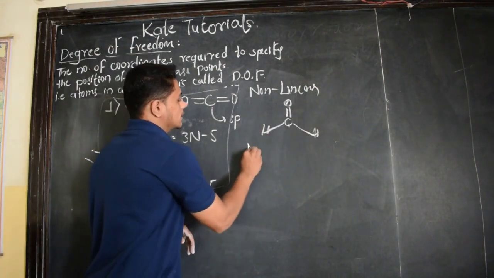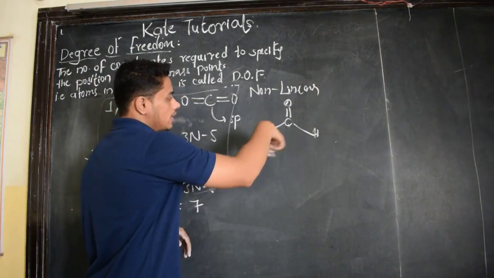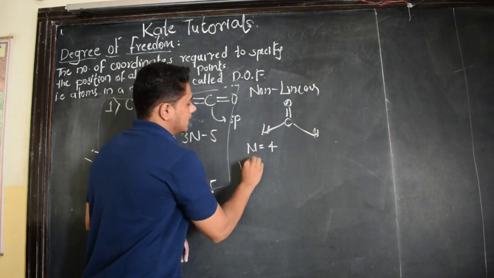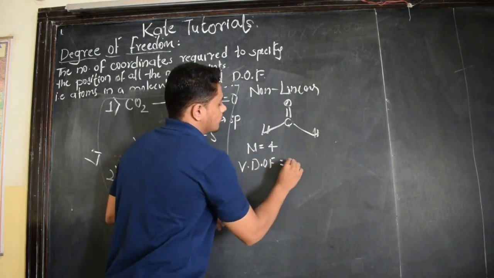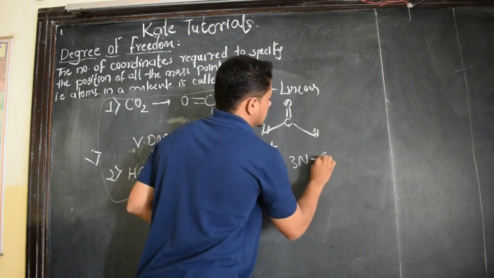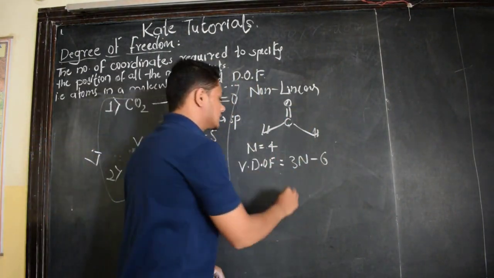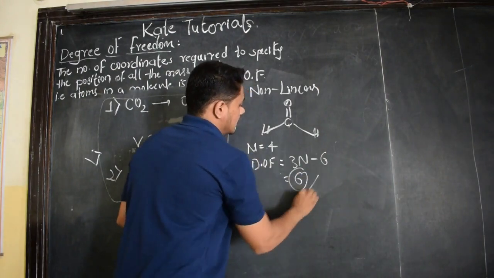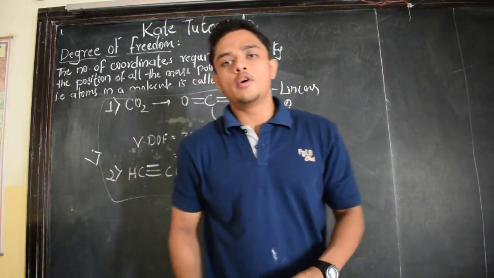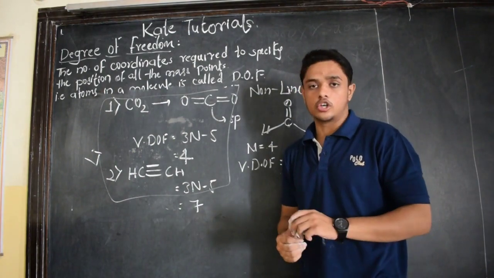The number of atoms is nothing but 4. For a non-linear molecule, the vibrational degrees of freedom is given by 3n minus 6. So n is 4, 3 4s are 12, 12 minus 6 is 6. 6 will be the vibrational degrees of freedom for this molecule.